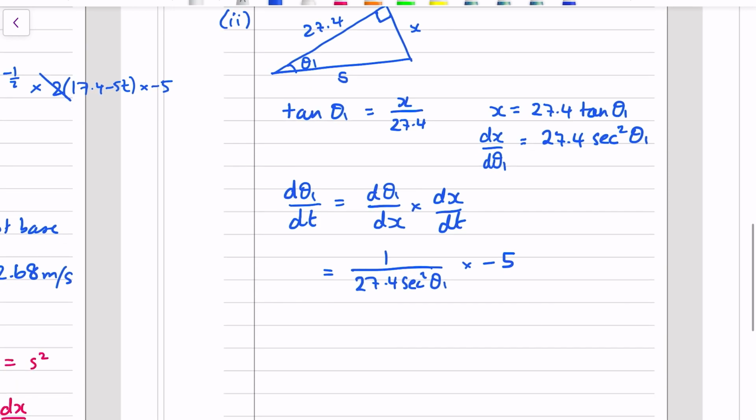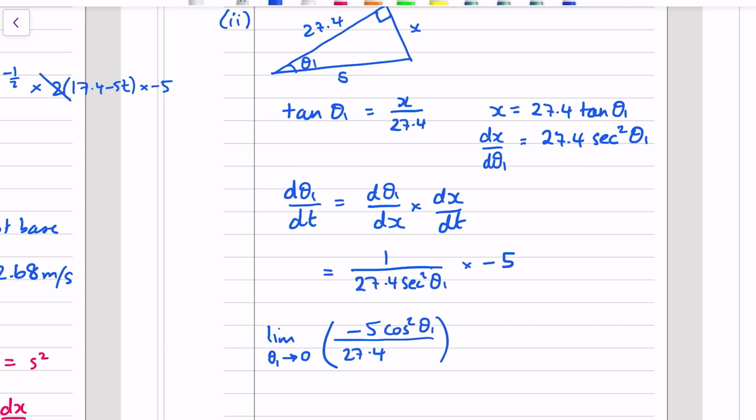Now, the limit as theta 1 tends to 0, because that's what's happening when x goes to 0, of this expression. Well, we're dividing by sec squared. When you divide by sec, it's the same as timesing by cosine.